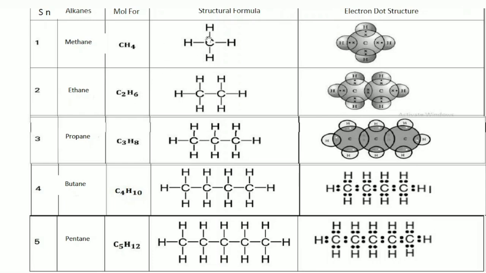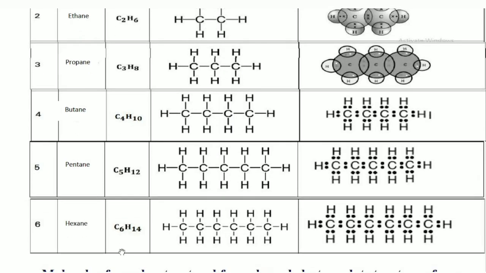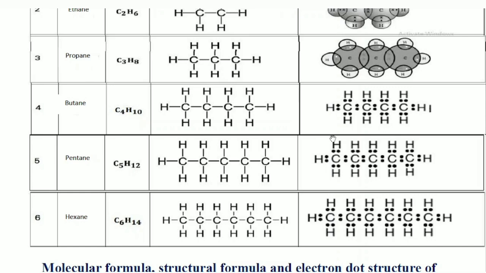Meth means 1, eth means 2, prop 3, but means 4, pent means 5, hex means 6. So if you know the number of carbon atoms, easily you can write the structural formula and the dot structure also.